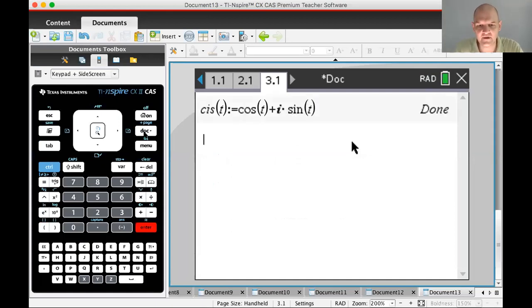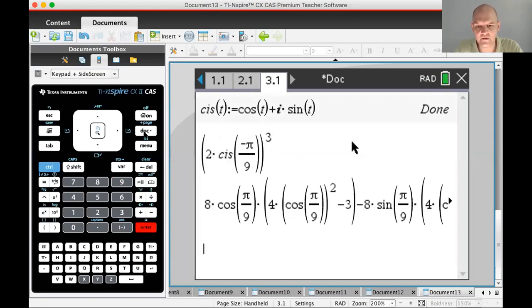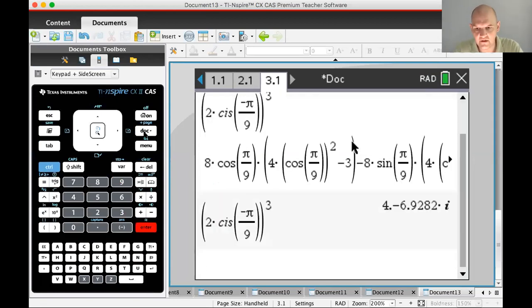So if I do 2 cis negative pi over 9 to the 3rd, oh my gosh. Okay, can I get it to give me an exact value? I don't really know. Well, what's 4 minus 4 square root of 3i?